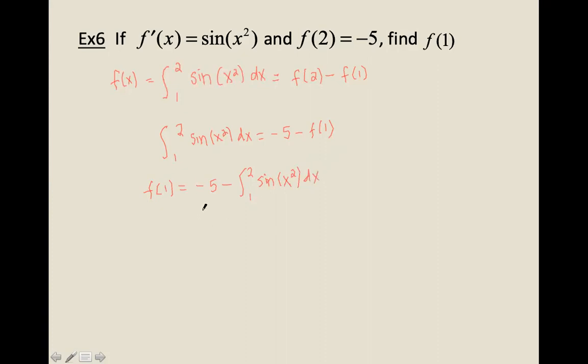So grab your calculator, and I'm going to switch over to a little video of the calculator I made, because I didn't have any way to show it here unless I held it up on the screen. It'd be really hard to see. So I'm going to stop this share here. Make sure you have this written down: -5 minus the integral from 1 to 2 of sine of x squared dx. All right, I'm going to do a different share screen here, and go to my fun little calculator video.